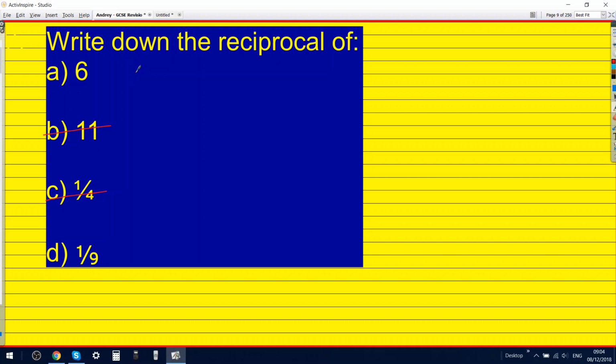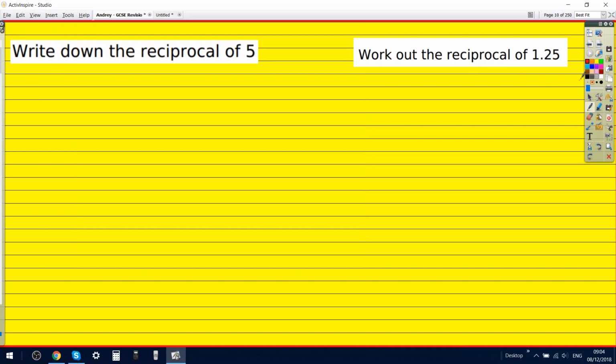Just reciprocal, a 6. And 9. These two: a 5th, and 1 over 1.25. And then you can just put it in the calculator.